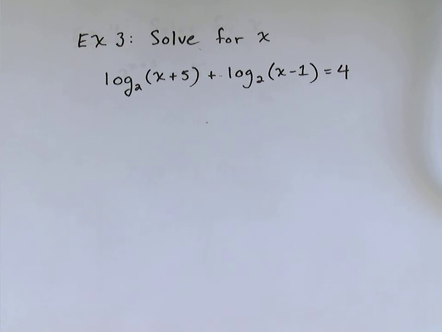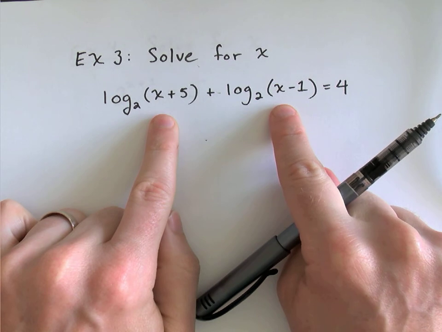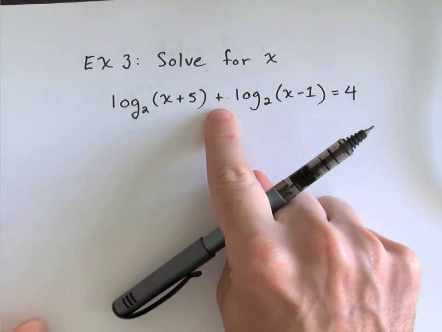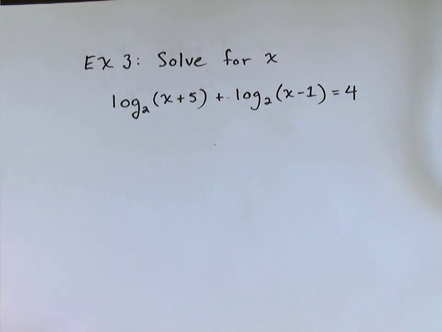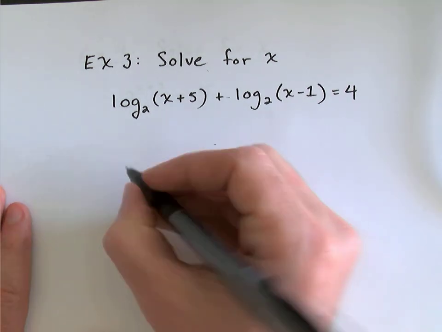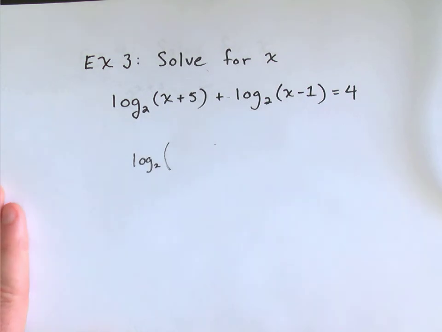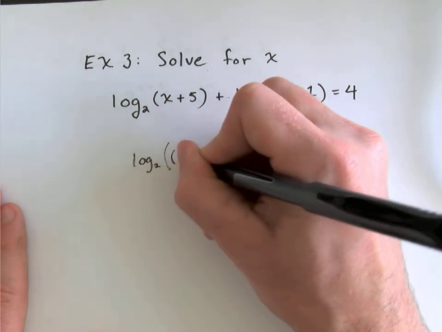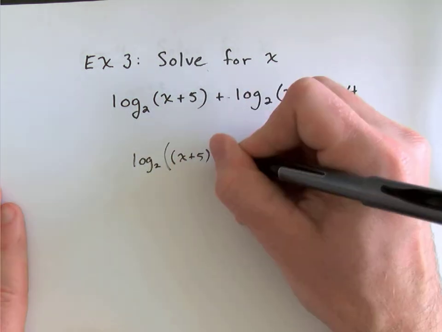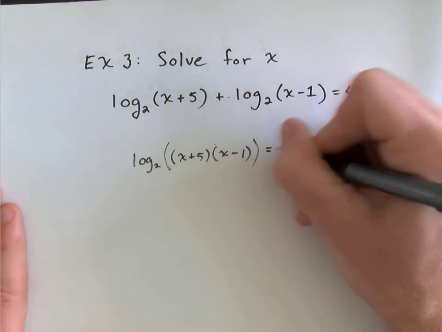Example 3, something a little different. Now we're asked to solve for x. Okay, so we can see that x is in the argument of both logs. Those logs are added together, and I know that the log of a product is equal to the sum of the logs. That means the sum of the logs is equal to the log of a product. So I can say log base 2 of (x plus 5) times (x minus 1) is equal to 4.